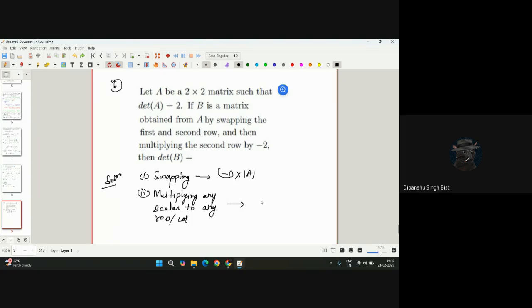By any scalar, let's call the scalar lambda. So you will have to multiply the determinant of A by the same scalar.